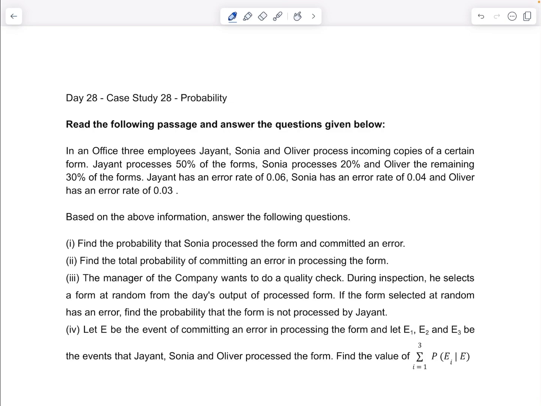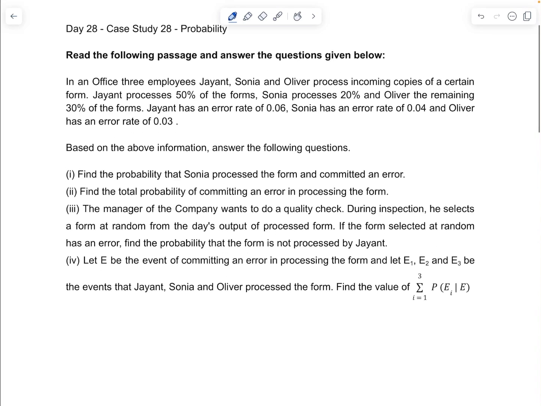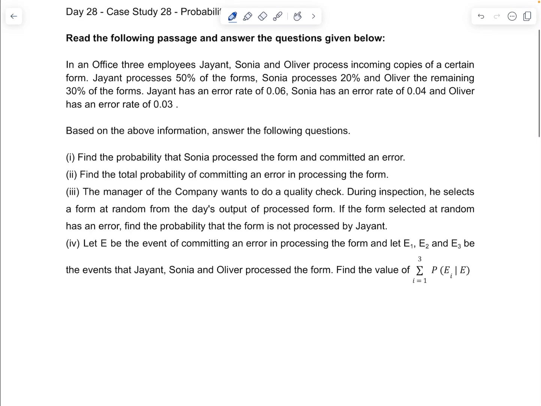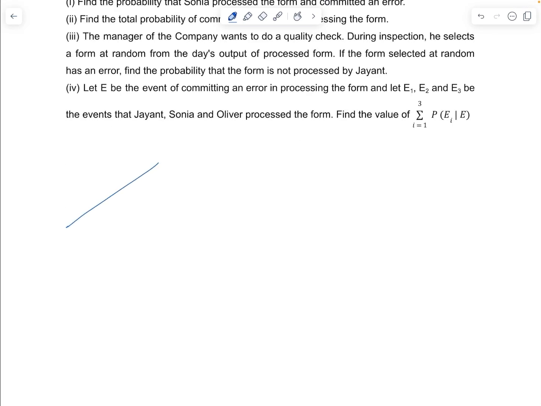So before we start answering the questions, let us first make the tree diagram for this. Jayant, Sonia, and Oliver. Jayant processes 50%, which is equal to 0.5. Sonia processes 20%, which is equal to 0.2.